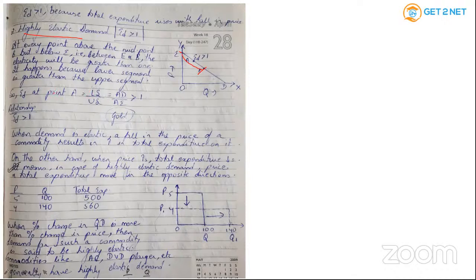Okay, so ED at point A, for example, is LS over US, AD divided by AE, which is always greater than 1. If you get such a condition, then you will say that it is highly elastic demand. For example, gold.